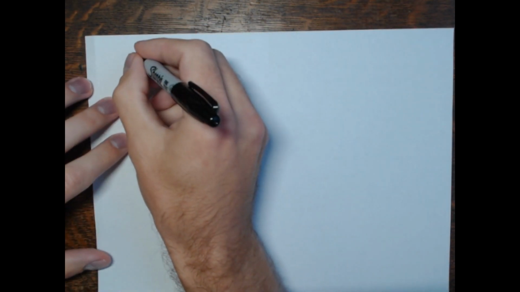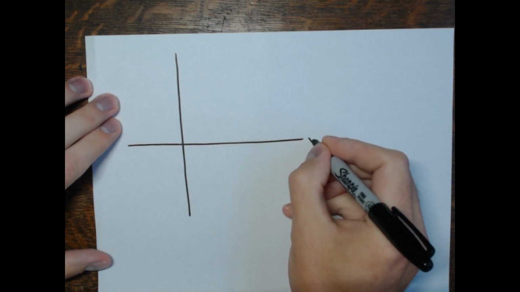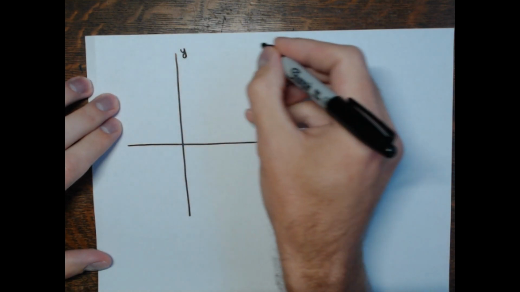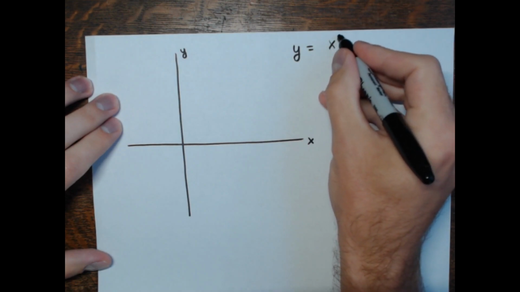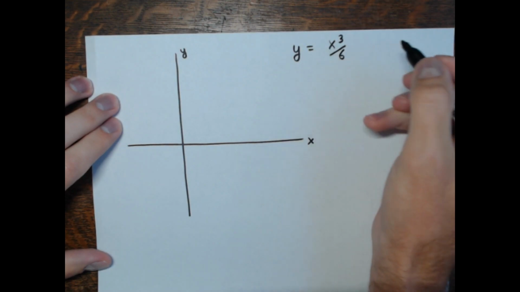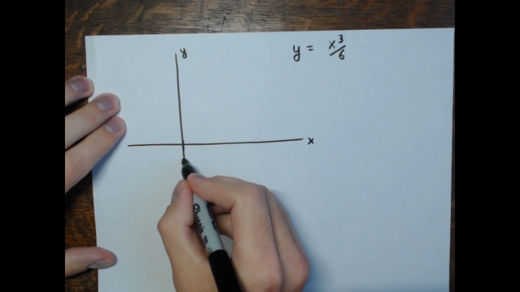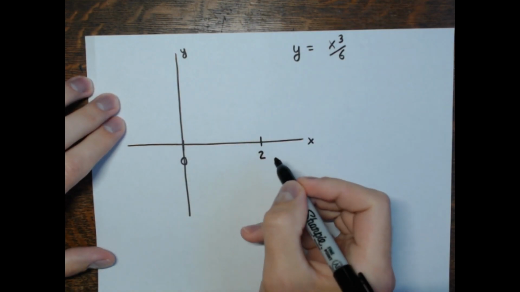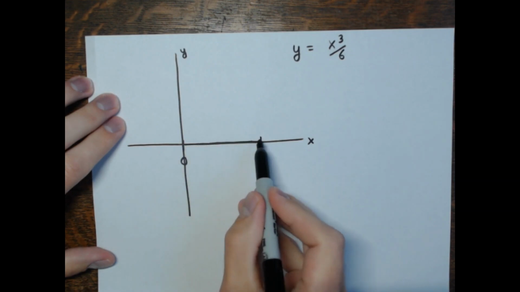So the curves, right, the curves were given here. y equals x cubed over 6, right? So first I'll draw our region. So y equals x cubed over 6, and x equals 0, x equals 2, sorry, in the x-axis.